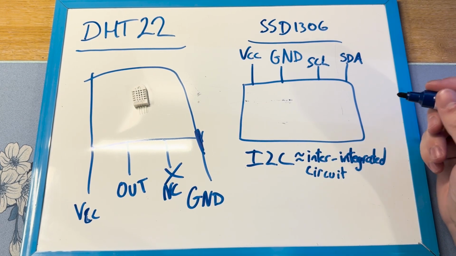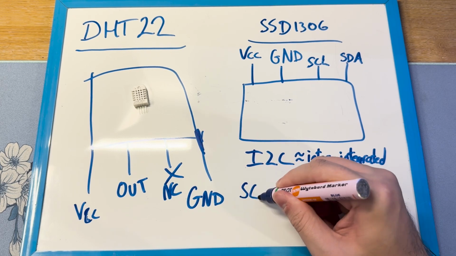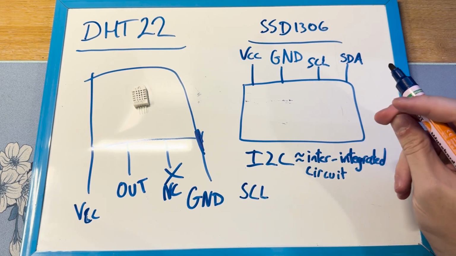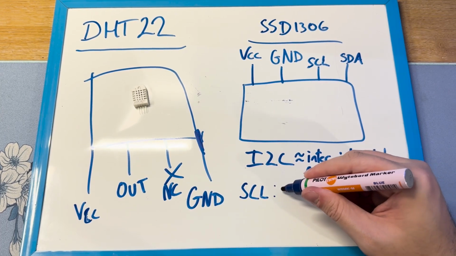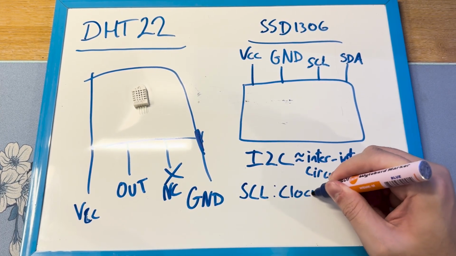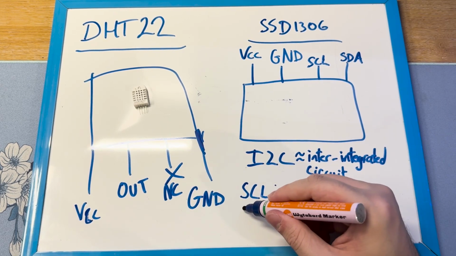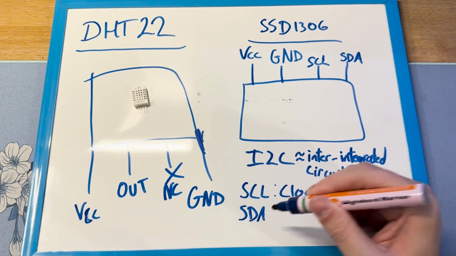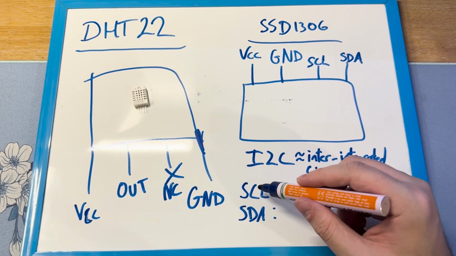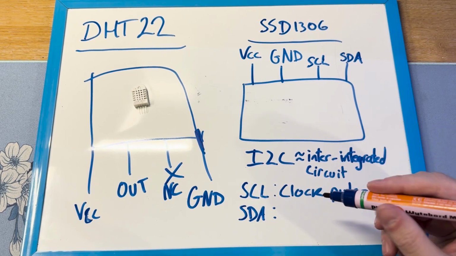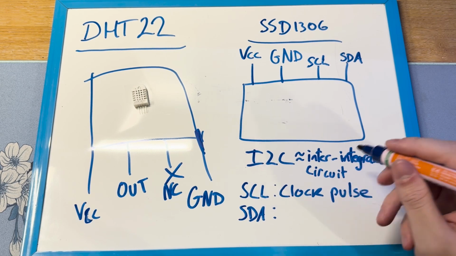Now let's discuss SCL and SDA further. SCL is like the heartbeat of I2C. It sends a clock pulse. SDA is the serial data line, and SCL is the serial clock line. So SDA is like the mouth of the I2C protocol.